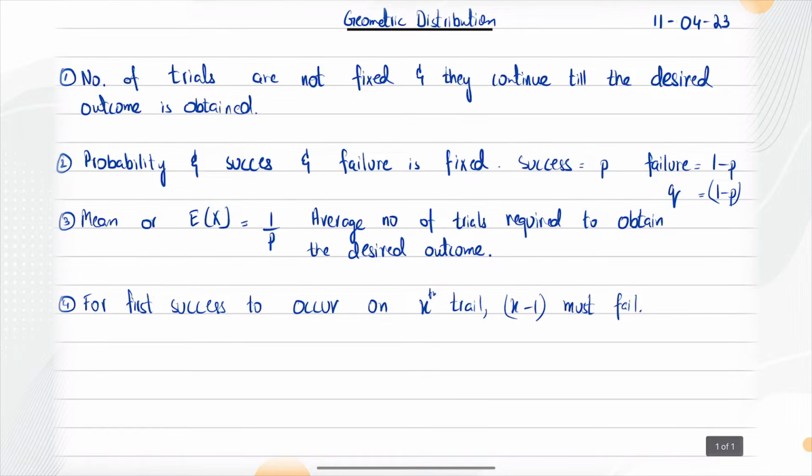For example, if you have to calculate the probability of a tail obtained on the 7th trial, that means that heads is obtained on the first 6.